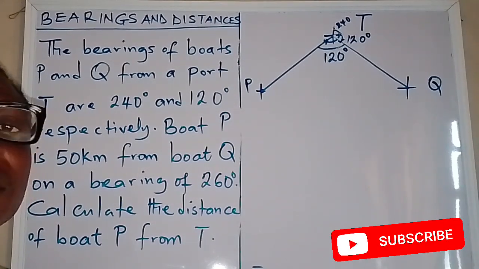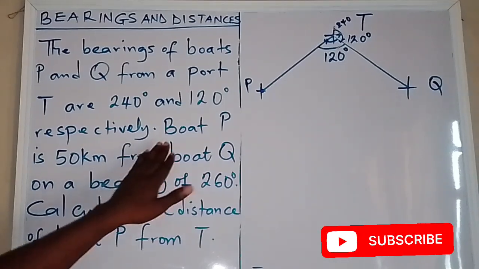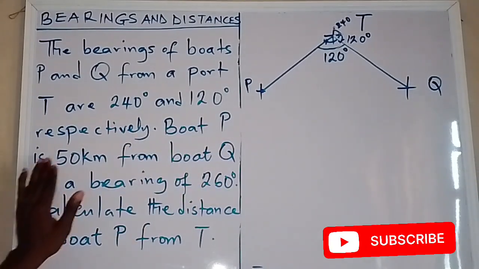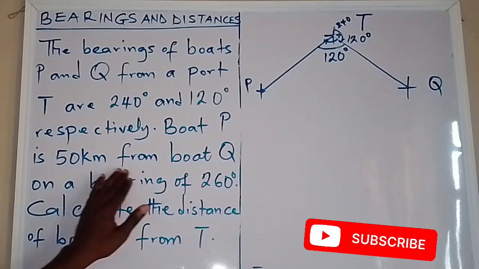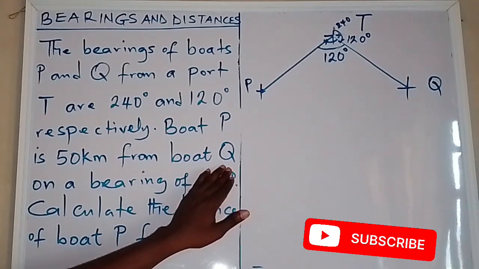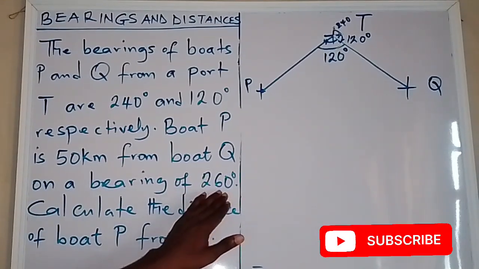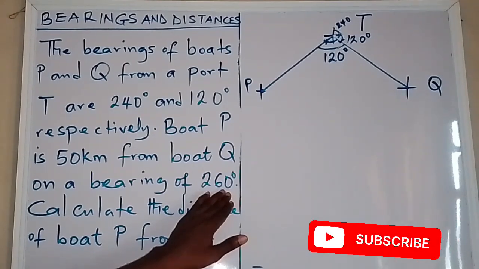Okay, so now the question asks us: respectively, point P is 50 kilometers from Q on a bearing of 260 degrees.